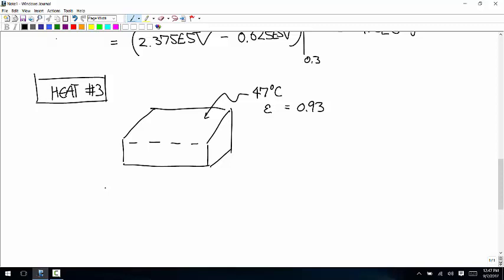And the heat transfer coefficient for convection, that's the H in the convection formula, between the hood and the surroundings at 27 degrees Celsius is 10 watts per meter squared.